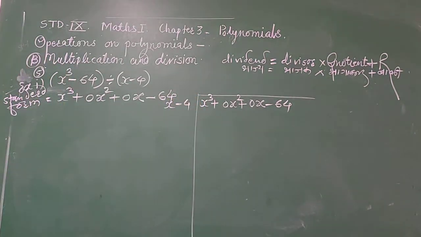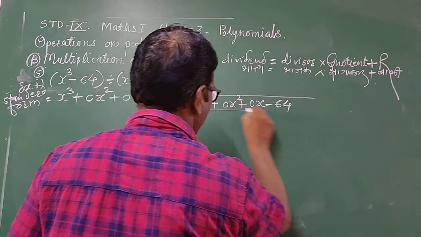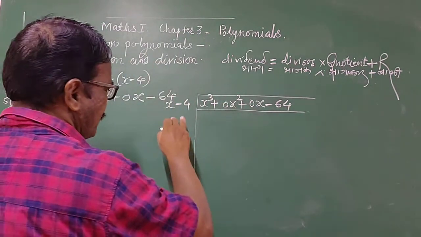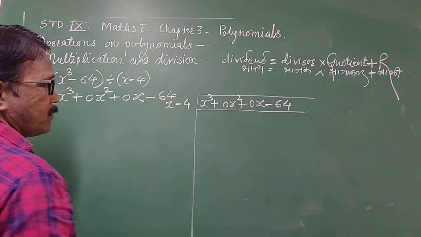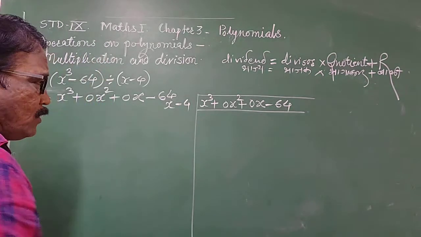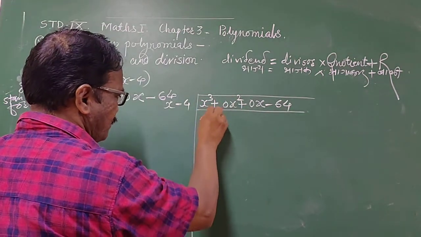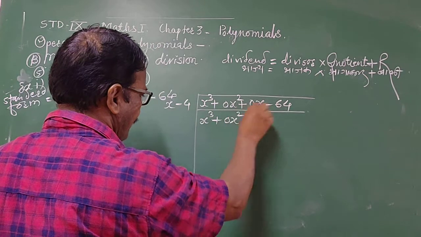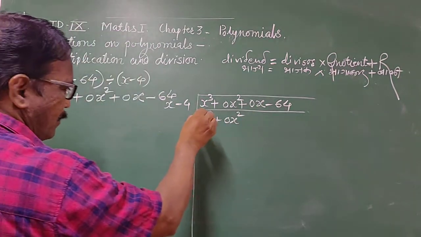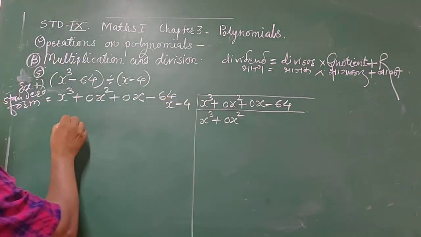X minus 4 is the divisor. Then the process: first, the divisor is a binomial, so take two terms like this and divide x cube by x.